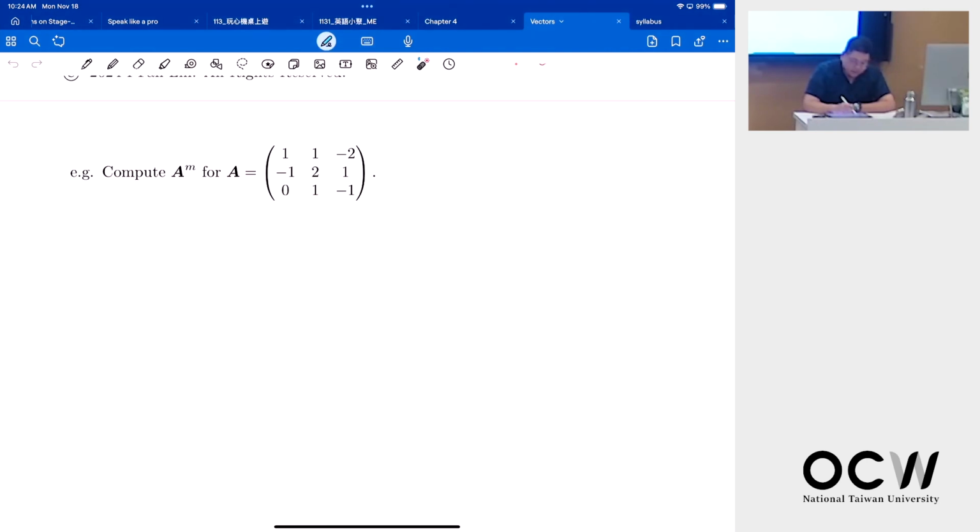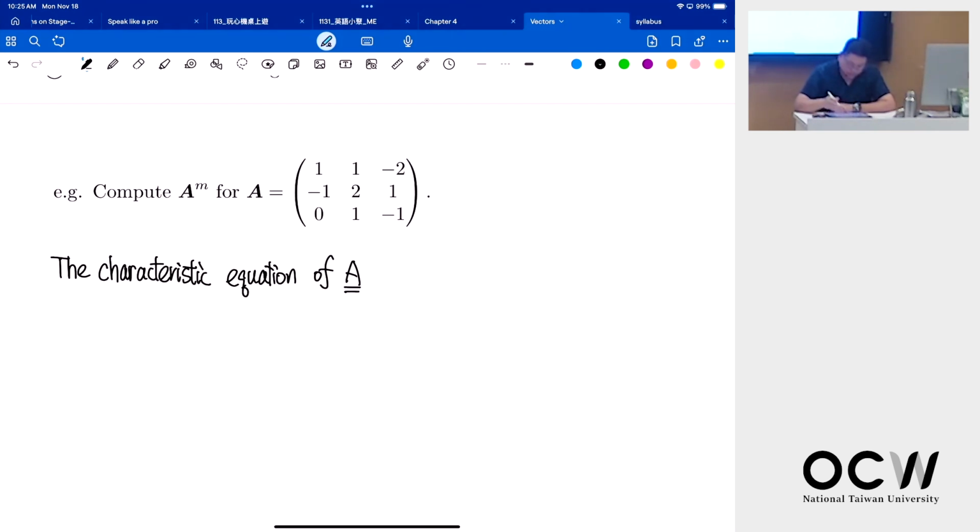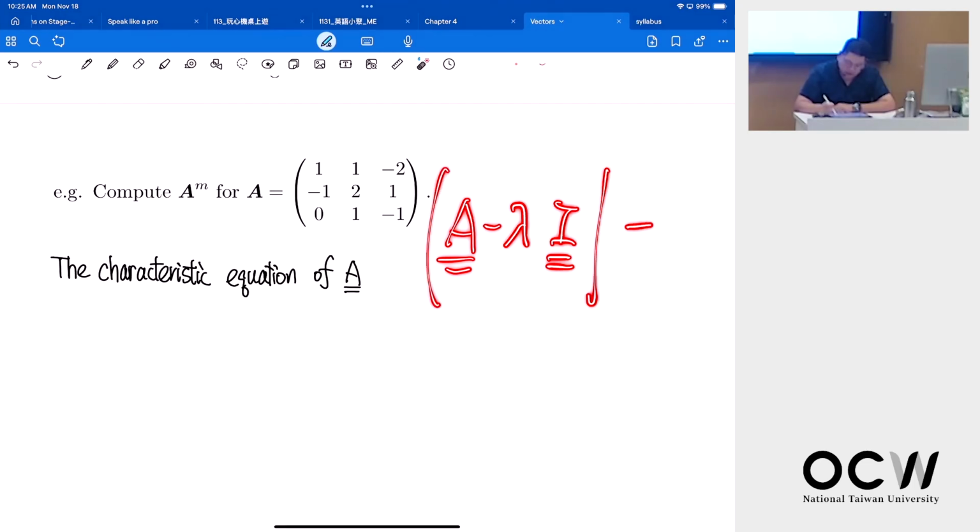Suppose we know the matrix is A. First, we need to find the characteristic equation, and of course, the eigenvalues. So take A minus lambda I, and take the determinant equal to 0.